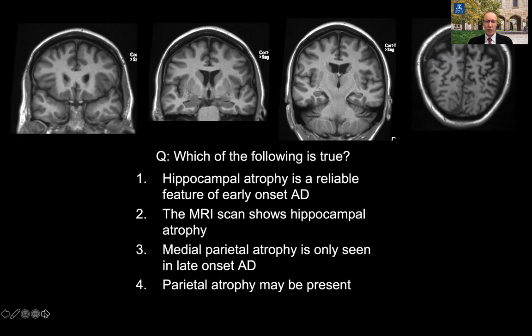So here are the first questions. Which of the following is true? Hippocampal atrophy is a reliable feature of early onset Alzheimer's disease. The MRI scan shows hippocampal atrophy. Medial parietal atrophy is only seen in late onset Alzheimer's disease, and parietal atrophy may be present.